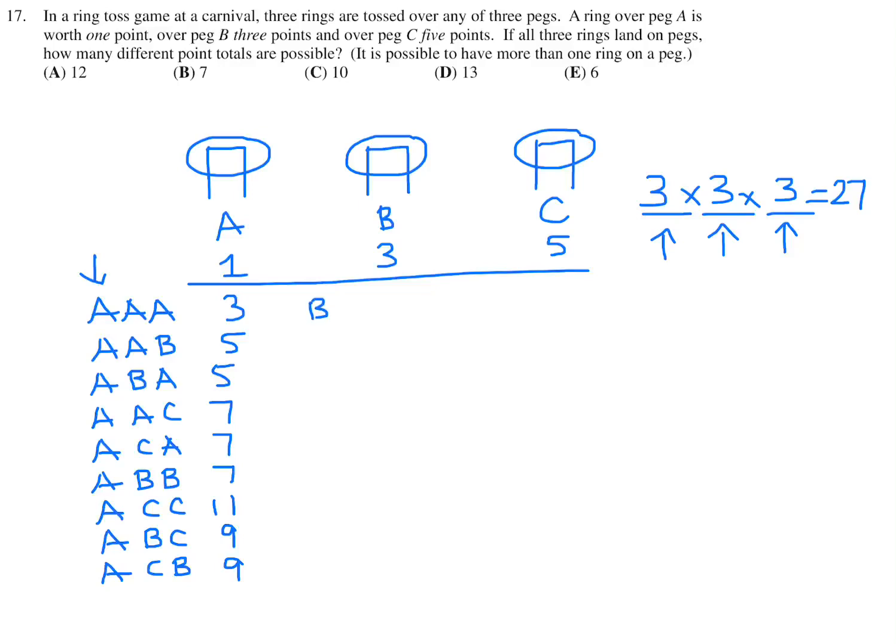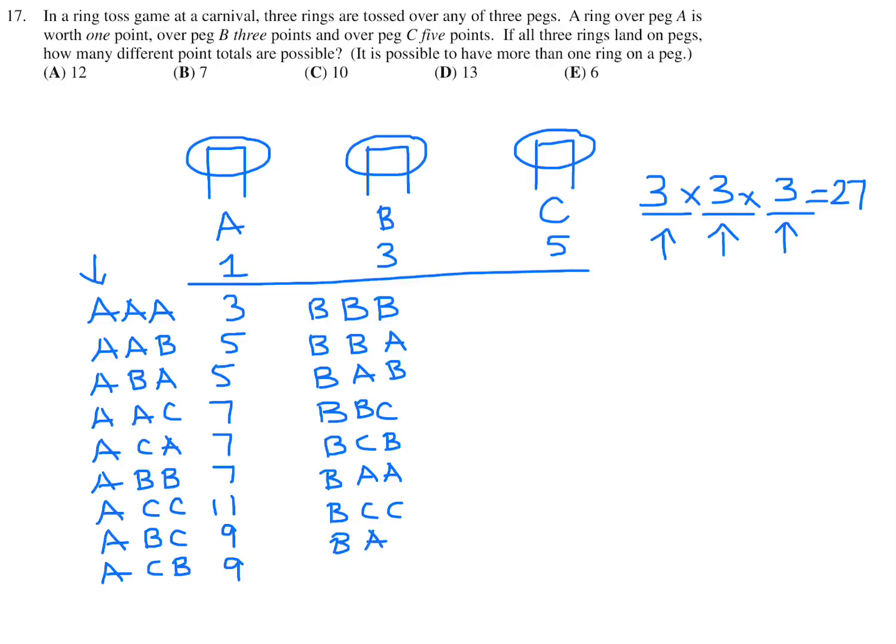Now let's look at the ones that have B as the first result. The first toss landed on B. And we should be able to do this also pretty quickly. BBC, BCB, BAA, BCC, BAC, and BCA.